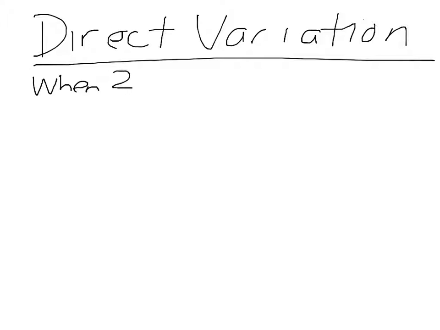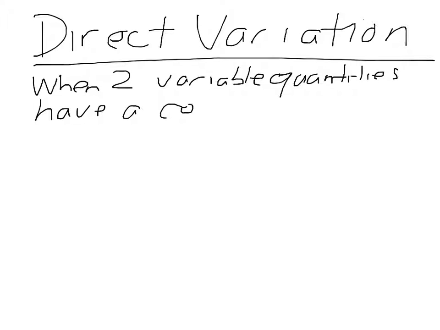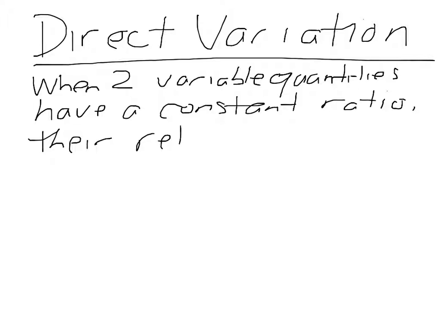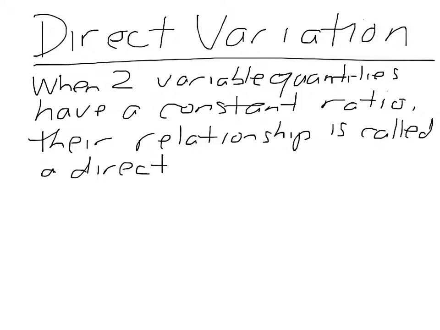When two variable quantities have a constant ratio, their relationship is called a direct variation.